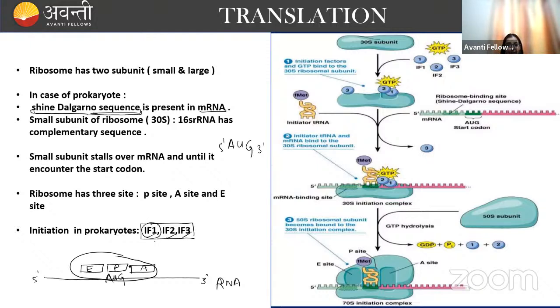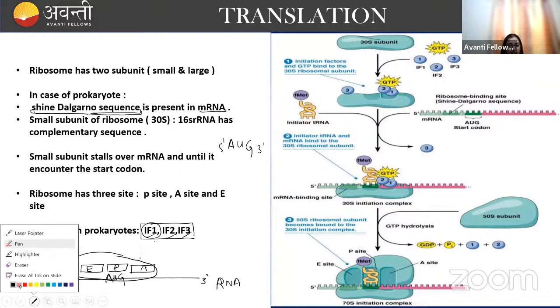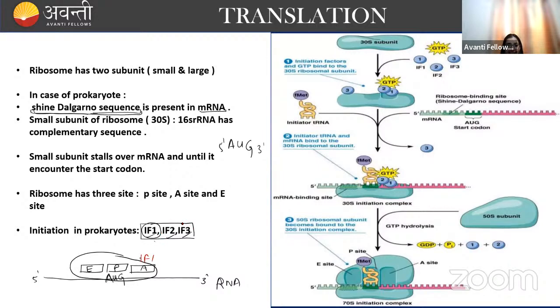First, IF1 will bind to the A site of the small subunit of the ribosome. So here binds IF1. IF3 will bind to the E site. Here IF3 will bind, right? IF2 plus GTP plus charged tRNA.